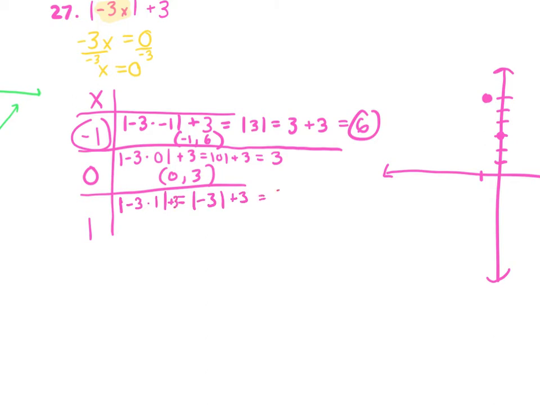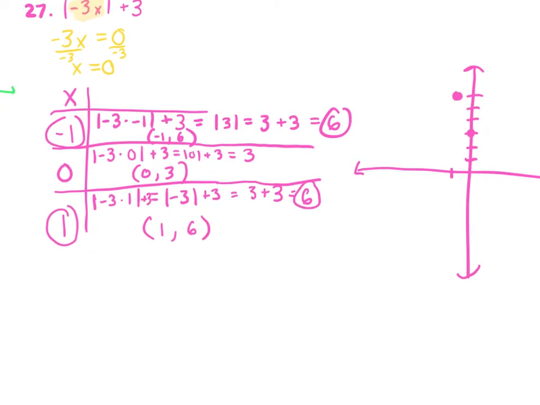So then 3 plus 3? 6. So then what's our coordinate point here? 1, 6. So we go to the right 1 and up 6. And once we have our 3 points, we connect our 3 dots with our V.